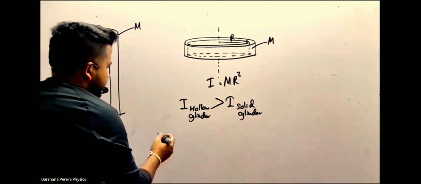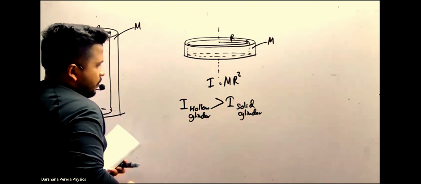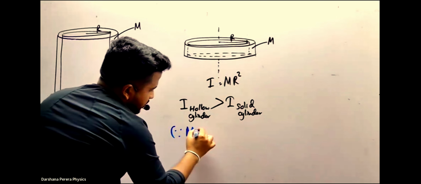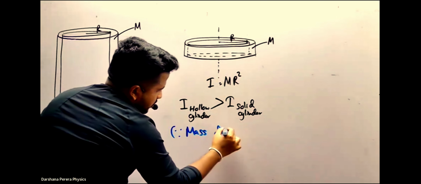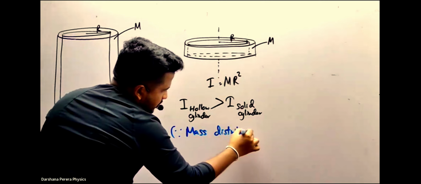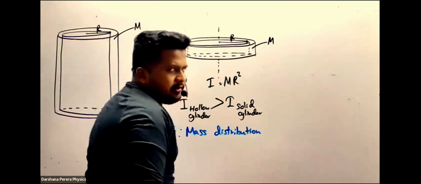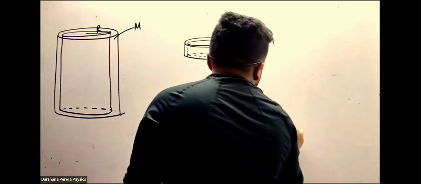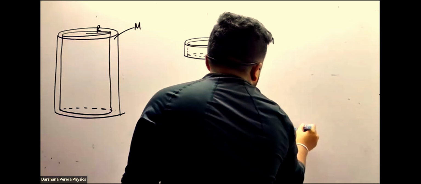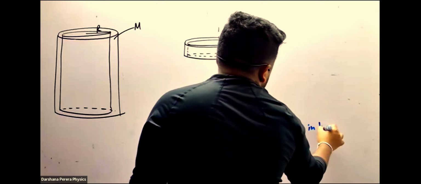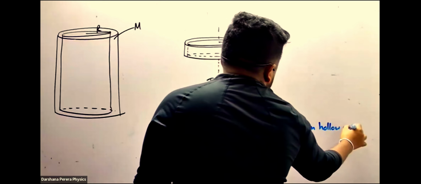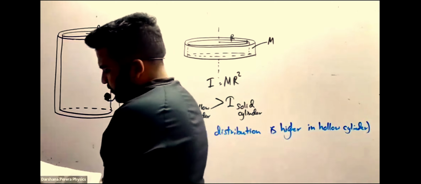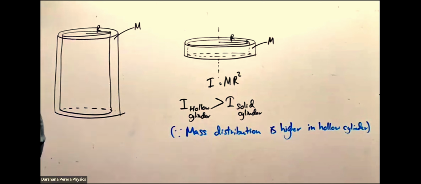Below, write down the reason why mass distribution is higher in the hollow cylinder.